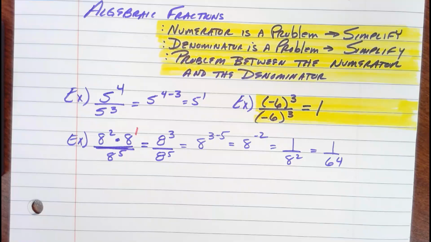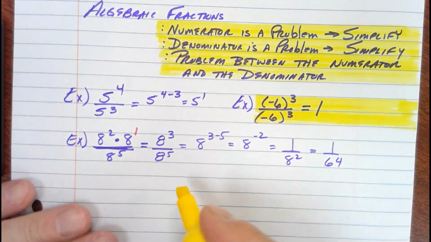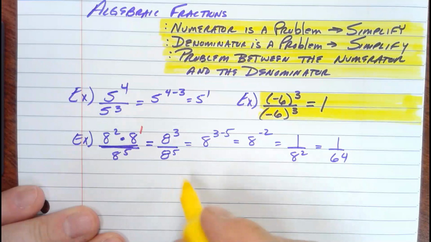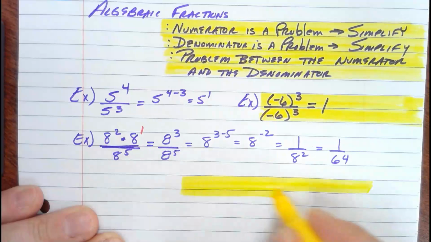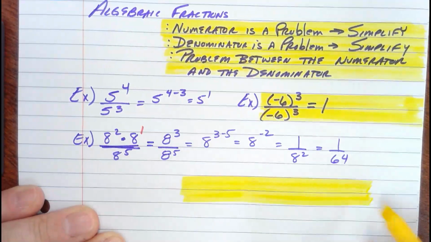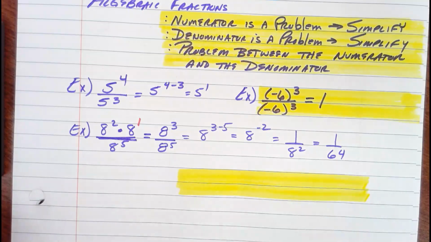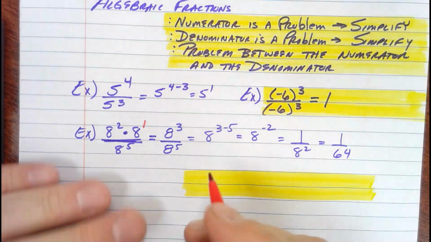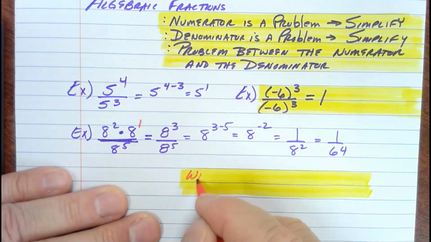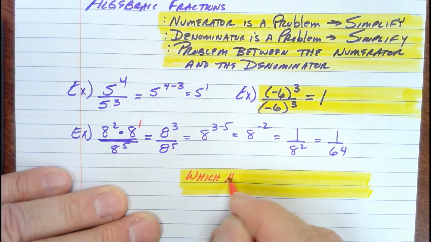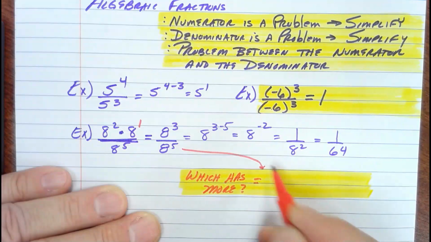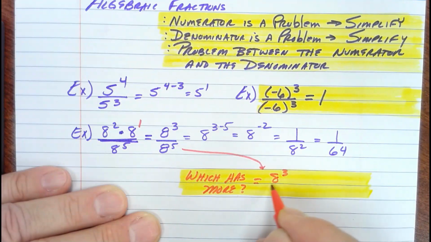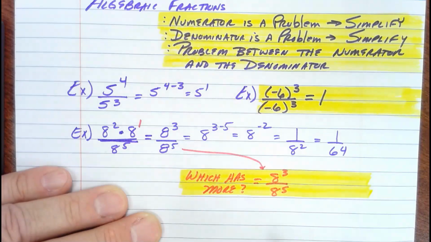When I have division, I find myself asking the question more often than not, which one has more? So if I take this problem right here, 8 cubed over 8 to the 5th.